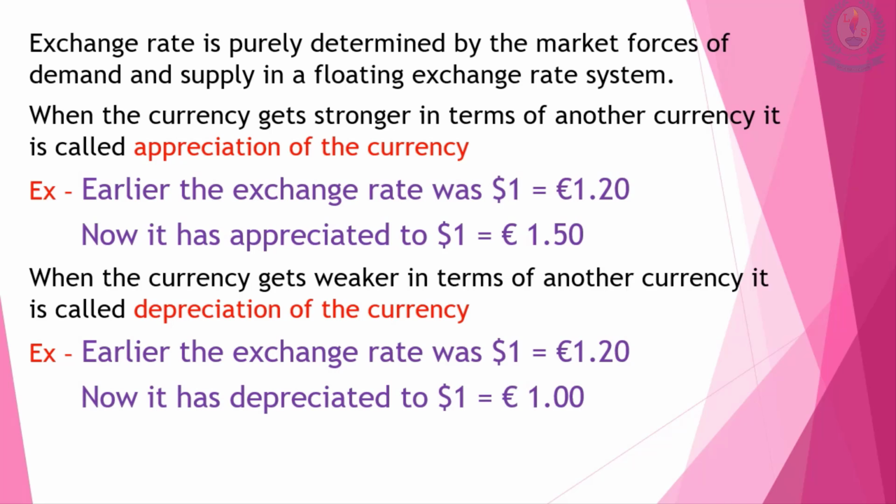Now it has depreciated to $1 equals 1.0 euros. So earlier they were able to buy 1.2 euros with $1. Now they can buy only a lesser quantity of euros, that is only 1 euro for $1. So the ability of buying the currency has decreased.